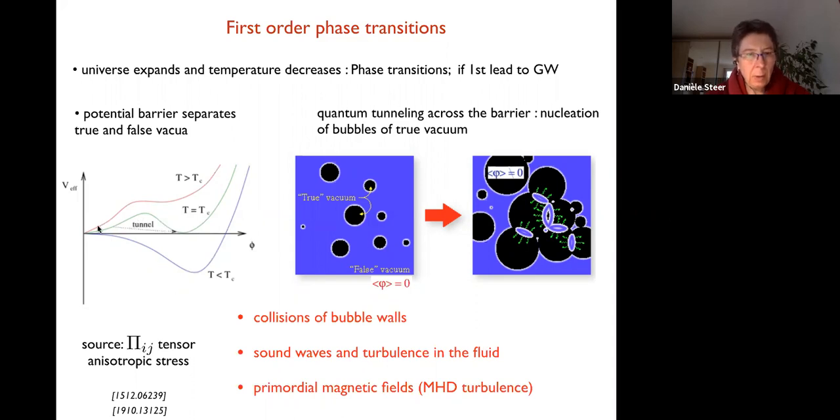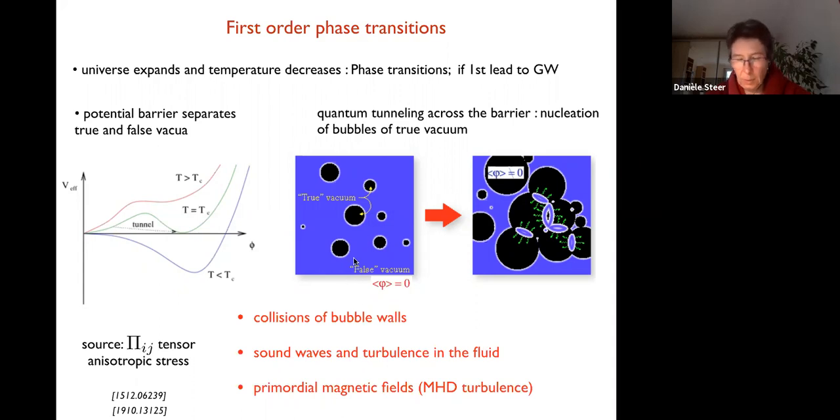And so to go from the false vacuum at phi equals 0 to the true vacuum state at lower temperature, the field has to tunnel through this potential, and this tunneling leads to the formation of bubbles of true vacuum inside the false vacuum.